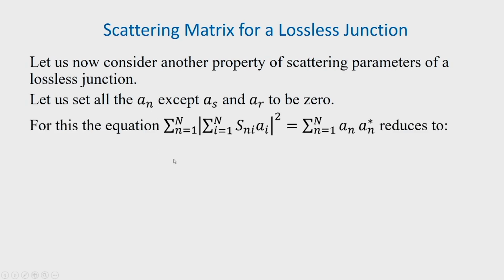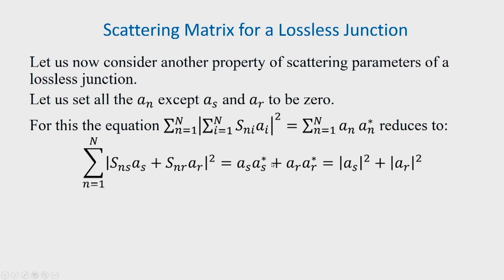Then from this equation, if we expand, we can write summation of 1 to n, mod of S n S A S plus S n R A R, magnitude square, and on the right hand side it becomes mod of A S square plus mod of A R square.